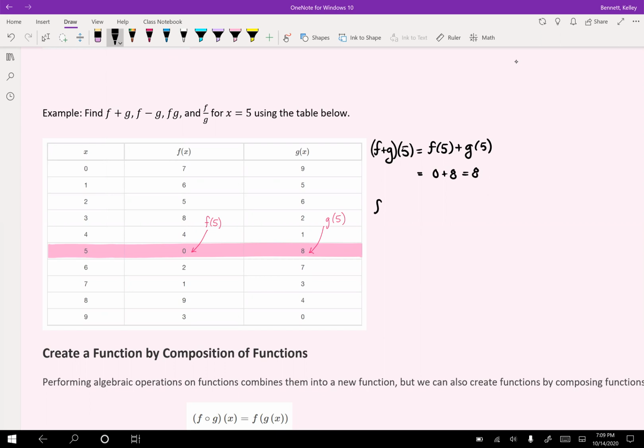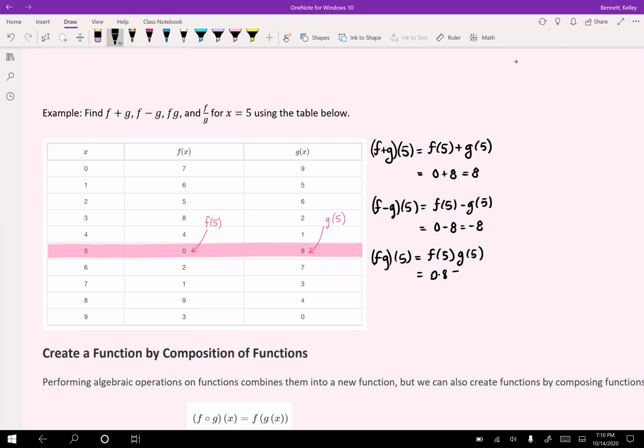Then I have f minus g of 5. That's f of 5 minus g of 5. That equals 0 minus 8, which is negative 8. f times g of 5 is f of 5 times g of 5, and that equals 0 times 8, not 0.8, 0 times 8.